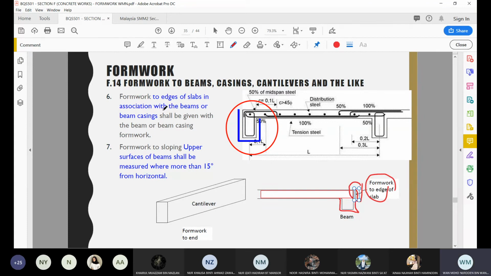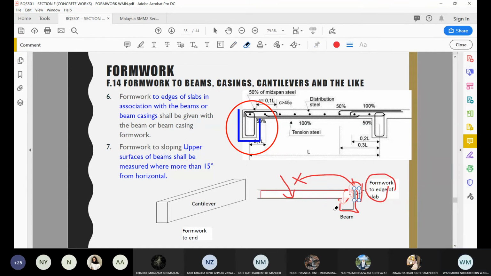Formwork to edges of slab in association with the beam, ada beam kat bawah dia, or beam casing shall be given with the beam or beam casing formwork. Maksudnya macam mana nak kira? Untuk edges of slab ni, kita tak perlu kira untuk edges ni. Sebab untuk edges ni, dia akan termasuk sekali dengan side and soffit of beam.